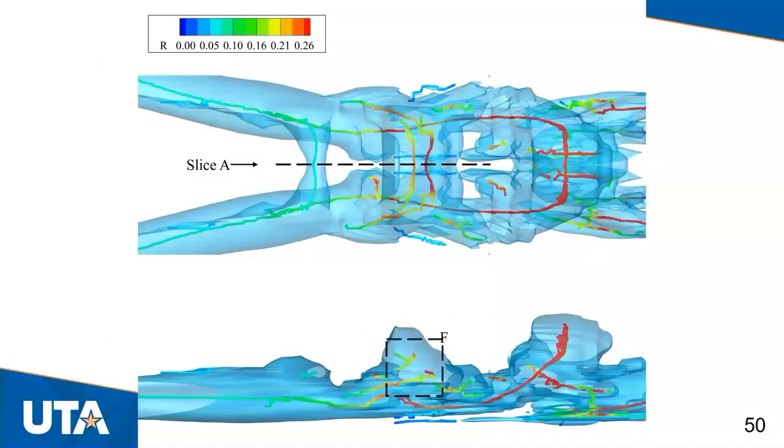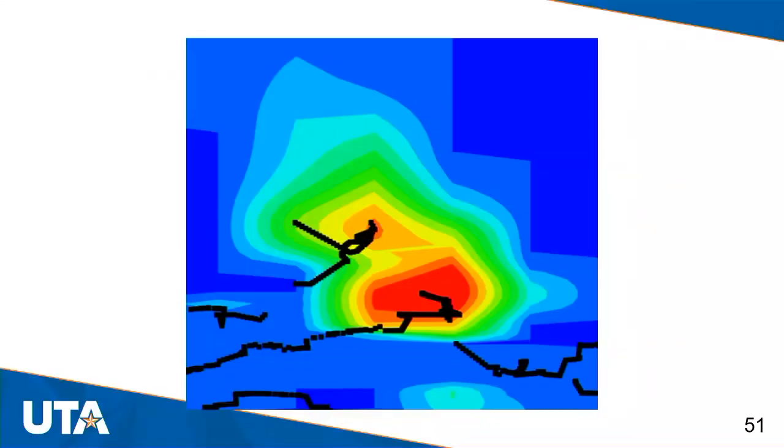Another observation is that in one vortex there are two vortex cores, two vortex centers. If you look at the isosurface, you may just say, oh, it's one vortex ring. But if you use the core line, you find there are two vortex centers. We look at the slice at the region F. Yes, it's correct. We have two vortex centers.